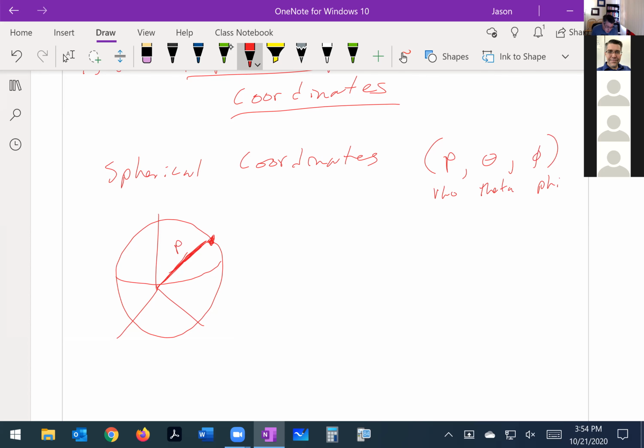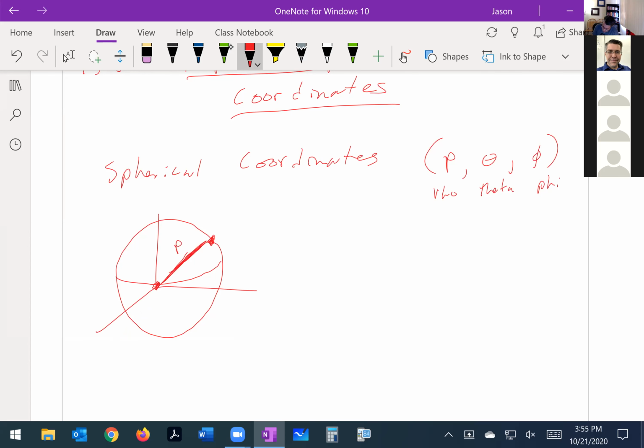I mean, just use R, right? But there's a reason we don't use R. Because R is the radius of a great circle. Let me change this, I don't like the way this looks.